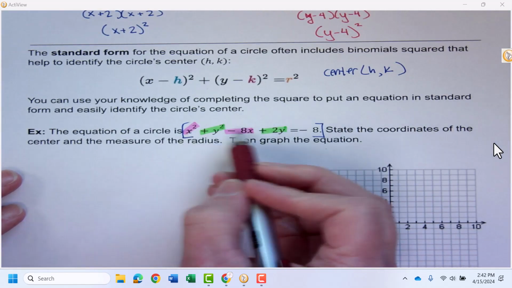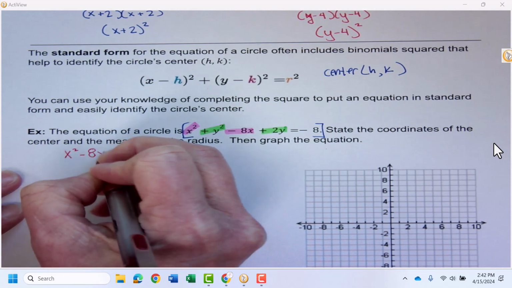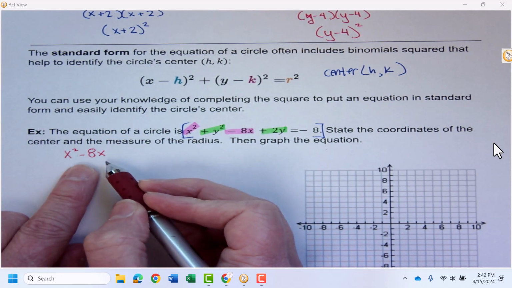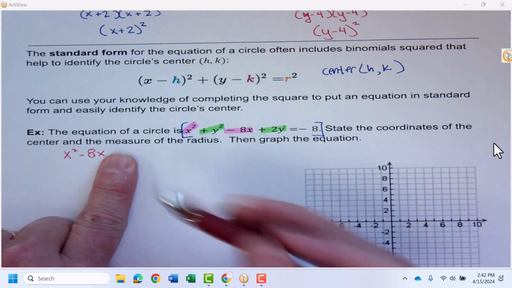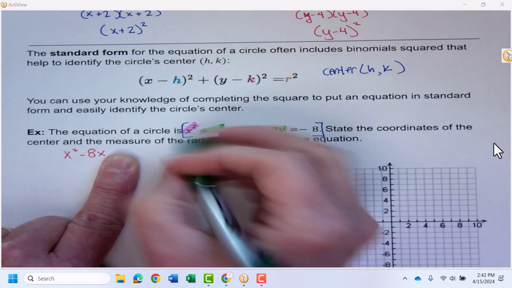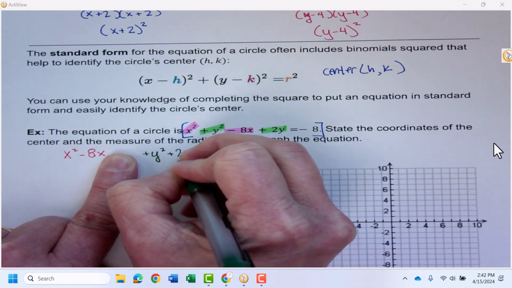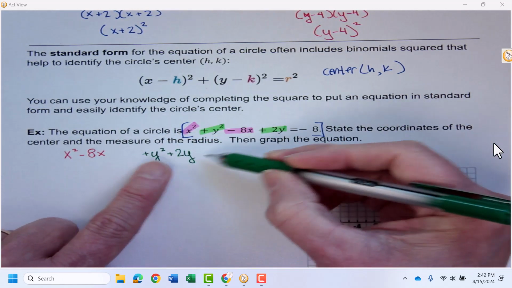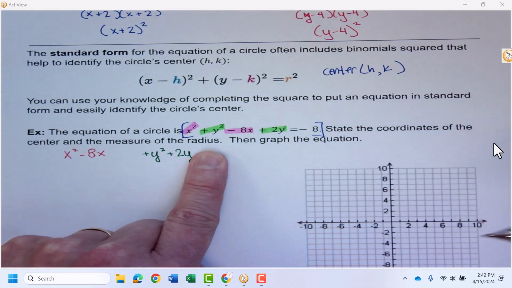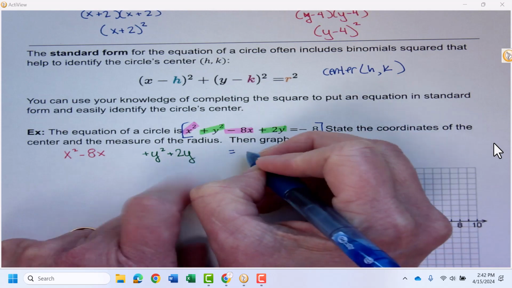I have x squared minus 8x. Now I'm going to complete that square in just a moment, so I'm going to leave a little bit of space here. And I have y squared plus 2y. Again, I'm going to complete this square, so I'm going to leave a little space. And that's going to be equal to negative 8.